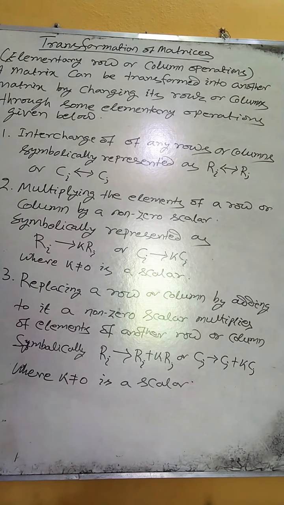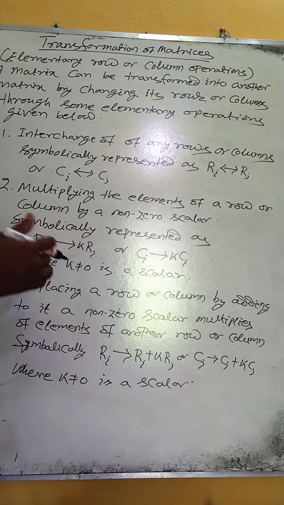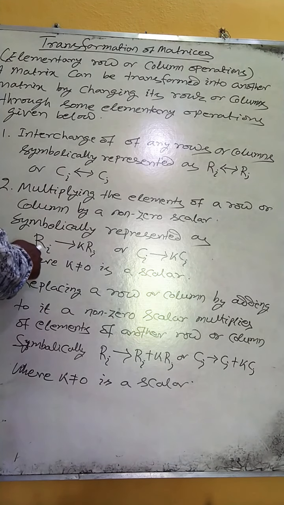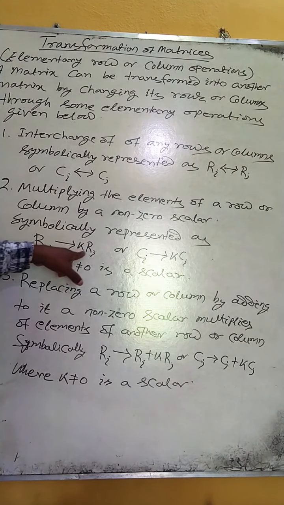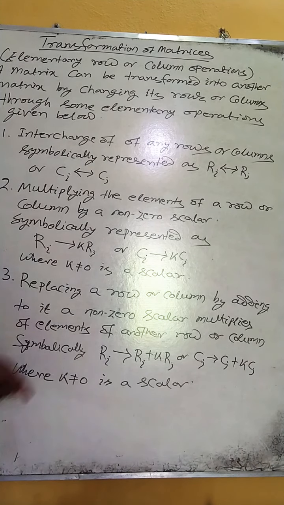Second point, multiplying the elements of a row or a column by a non-zero scalar. We multiply all the elements of a row or column by a non-zero scalar. That means, suppose Ri is the ith row; we multiply it by the scalar k, so Ri becomes kRi.